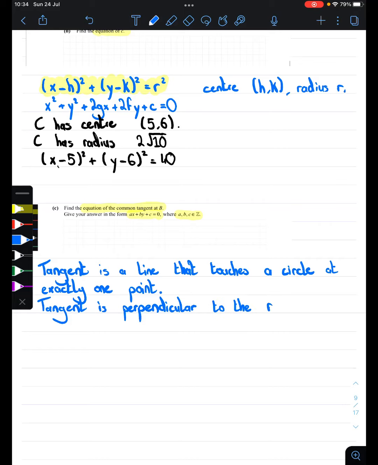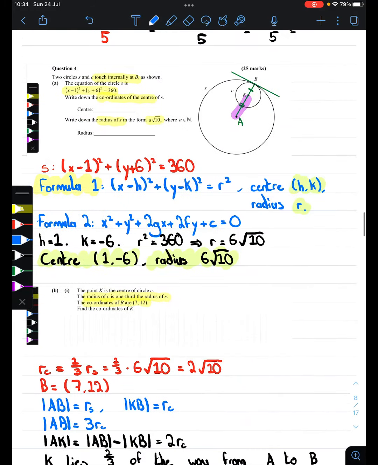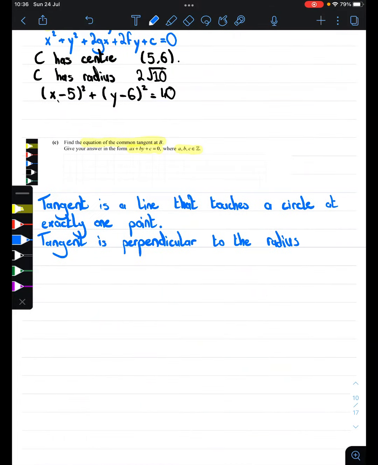Now, when I say that, I mean the radius line from the center to where the tangent hits the circle. So in this case, the tangent, let's call the tangent T, is perpendicular to AB. Okay. And what do we know about perpendicular?